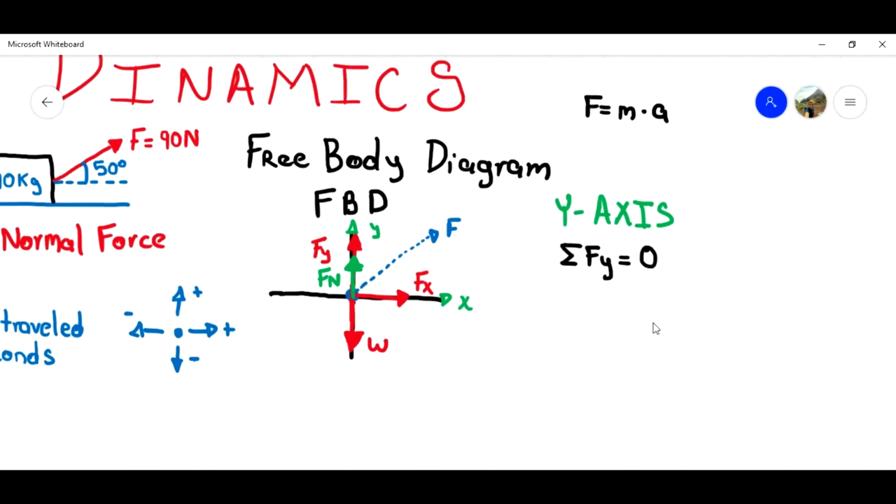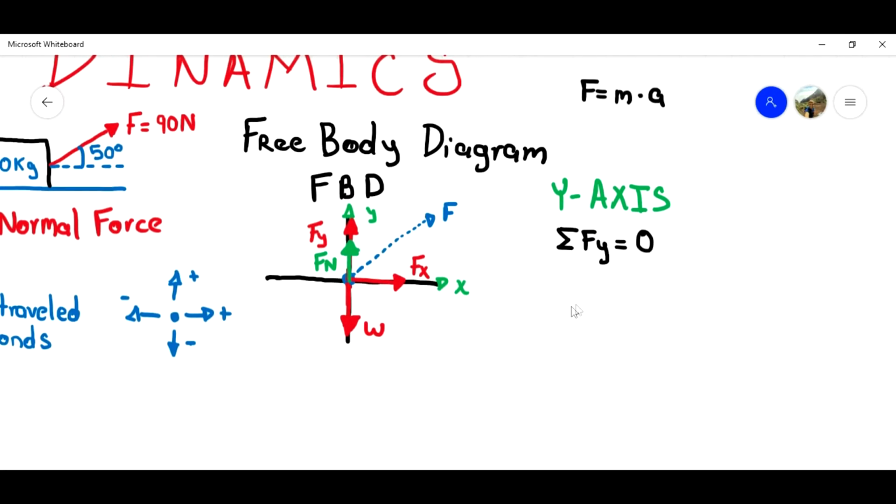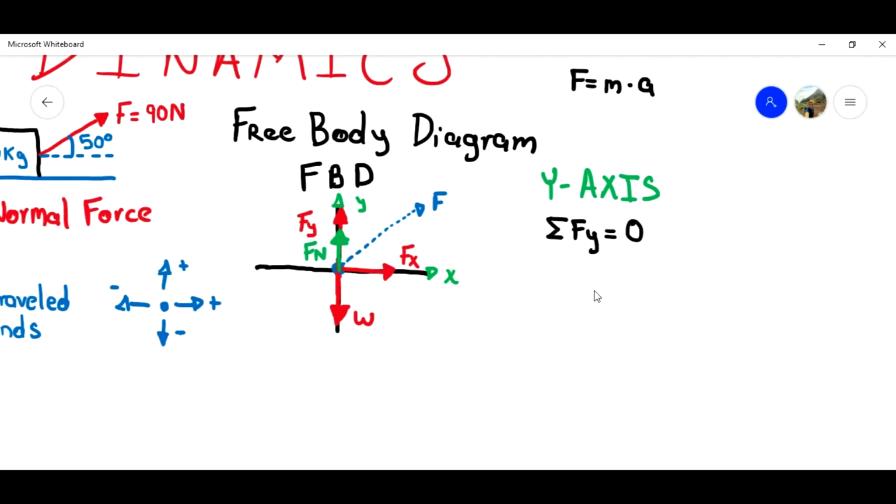Okay, so I need to consider the forces in the y-axis. So how many forces do I have? Well, if you see, I got the weight, I got the normal force, and I got the Fy. So which ones are positive? Well, normal force is positive because it points up, and Fy is positive too because it goes up. And the only one that is negative is the weight because it's pointing down.